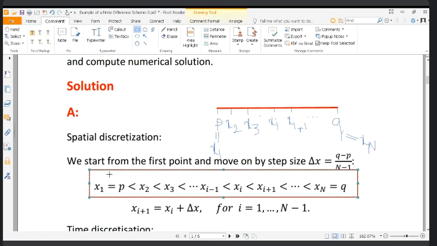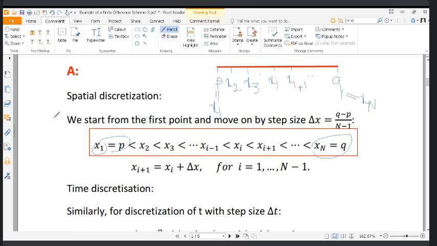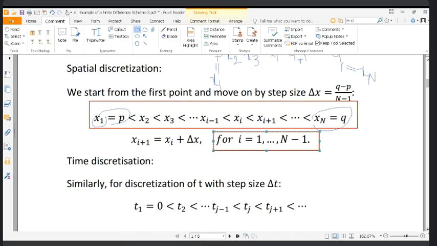The first point is p, and the end point is xn equal q. And x_{i+1} equals xi plus delta x, for i equal 1 to n minus 1. This is the discretization for the domain of x, the spatial discretization. It is familiar to you, clear, and very easy because we discussed this topic in the last and previous sessions.